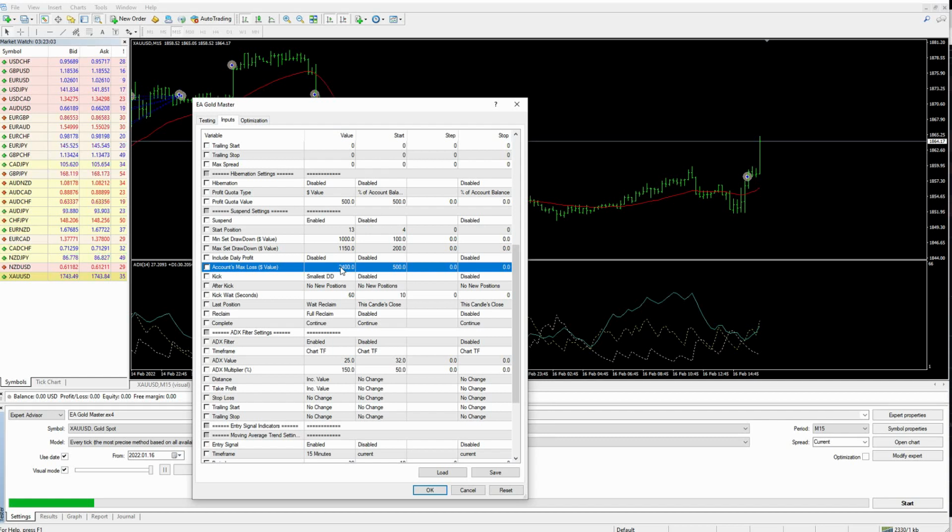Okay, now once these conditions are met, what do you want the EA to do next? What do you want the suspend feature to do next? Do you want to keep the basket of losing positions, or do you want Suspend to help you manage those losing positions so that it buys you time? I'm not sure whether you notice this, that sometimes you have a very nice basket, that reversal or pullback is bound to happen, but it didn't happen on that particular candle. It happened on the next 2 to 3 candles.